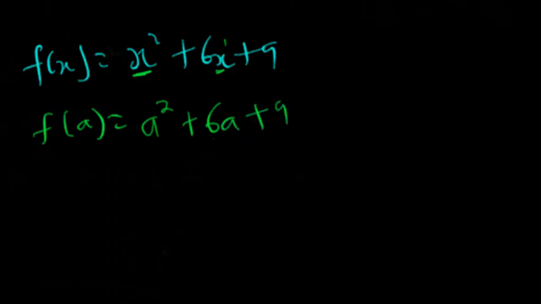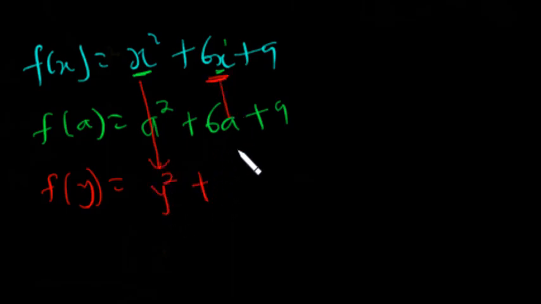In the same vein, if you are asked to find, say, f of y, it means that now the function is made up of y, because the function itself is f of x equals x squared plus 6x plus 9. That is, the function has the independent variable x. So if you are given f of y, it means wherever you have x, you put y there. So here we have x squared, and here it's going to be y squared. Here we have 6x, here is going to be 6y plus 9.